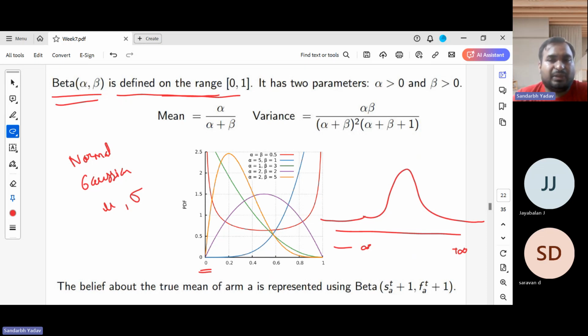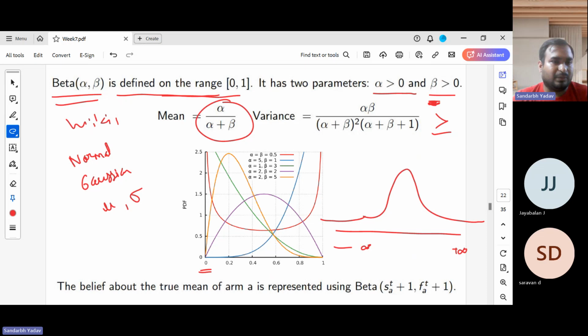One more thing to notice is that these parameters should be greater than 0. Note that it's not greater than or equal to, it's strictly greater than 0. So alpha and beta cannot be 0. This is also a point to note, and we will see it in the demo also. The mean of this beta distribution is given by alpha upon alpha plus beta. You can look into the beta distribution on Wikipedia.